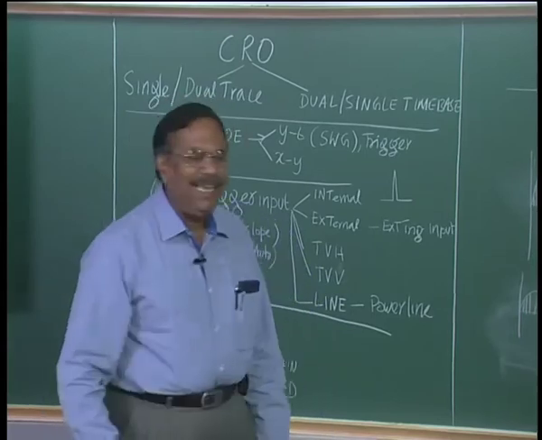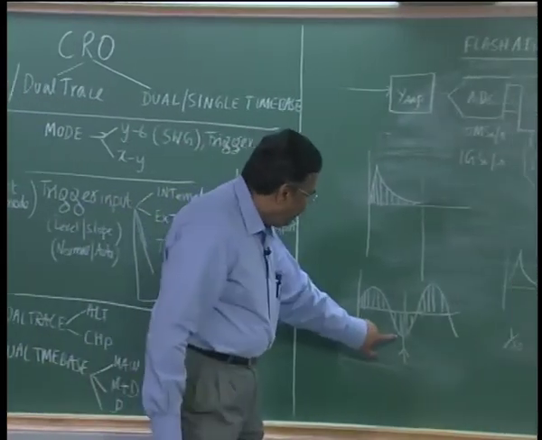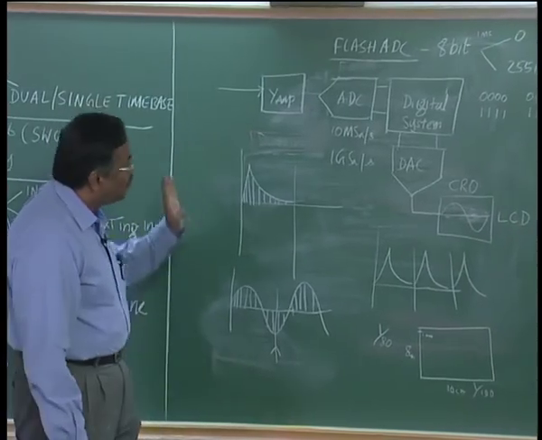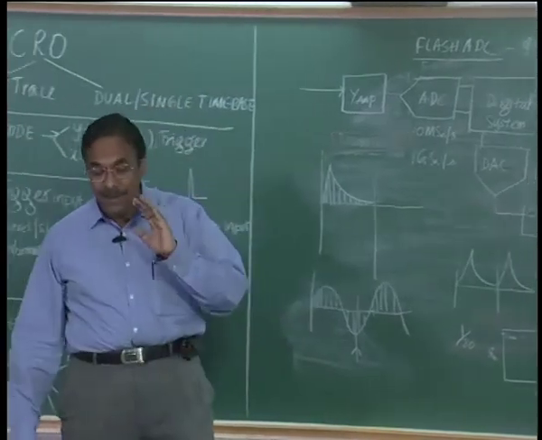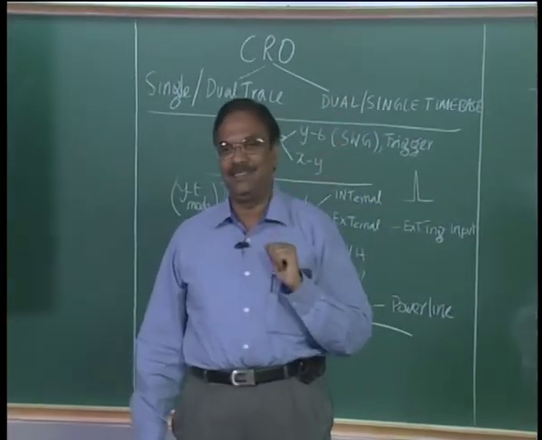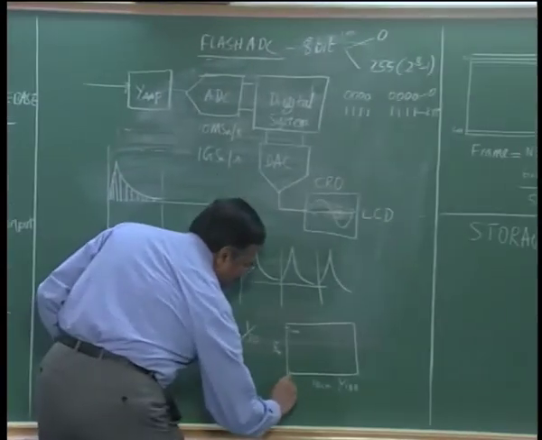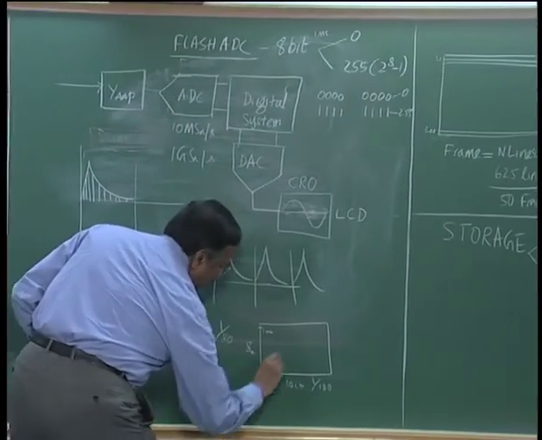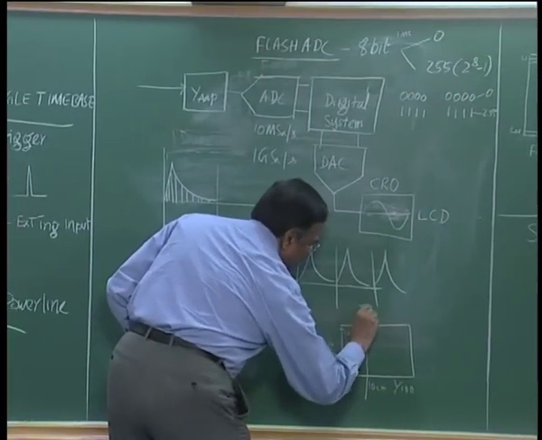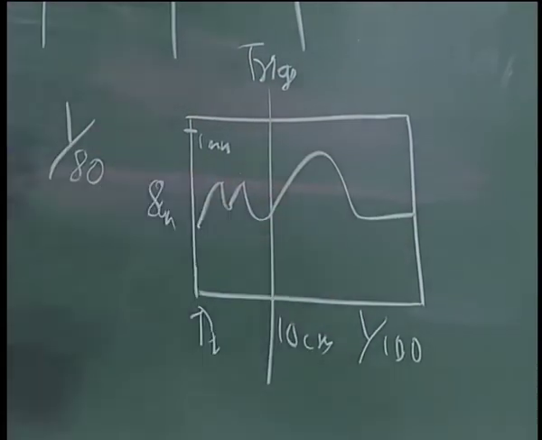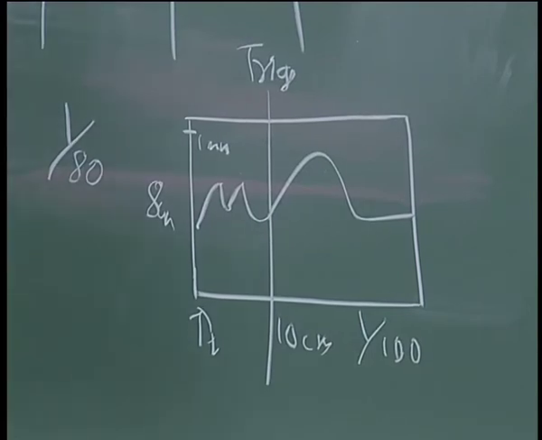So I can see samples prior to the trigger. On the screen I need not start the trigger here, I can start the trigger somewhere else and I can see the signal before and after the trigger.